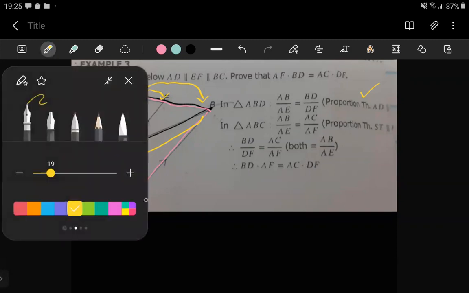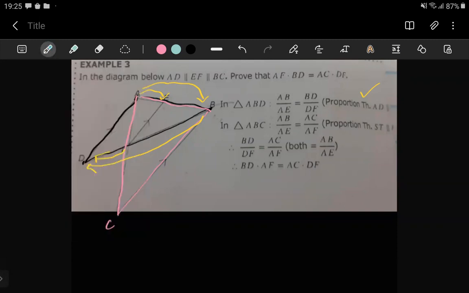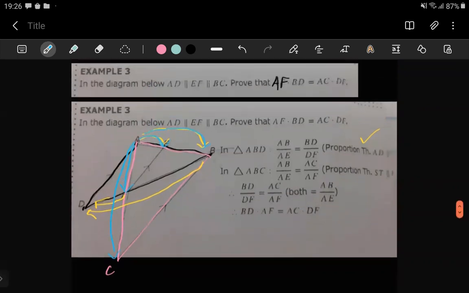So AB, which is still this here, over AE, which is this over there, is equal to AC, which is this long line over there, over AF, which is this tiny part over there. Okay, I think that's fine then.